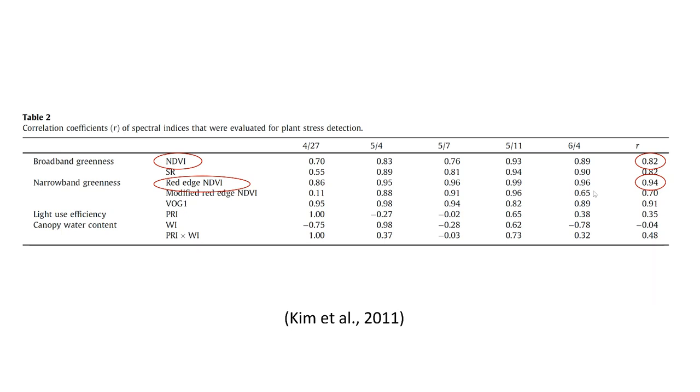And then red edge NDVI, which the authors said was a narrow band NDVI, where they focused just on a small portion of the electromagnetic spectrum, had a higher correlation coefficient of 0.94. So that captured a little more of the sensitivity in the data and was able to distinguish between groups a little better.